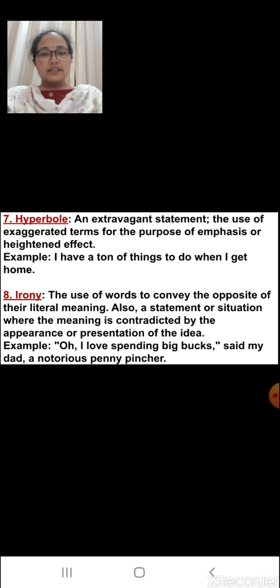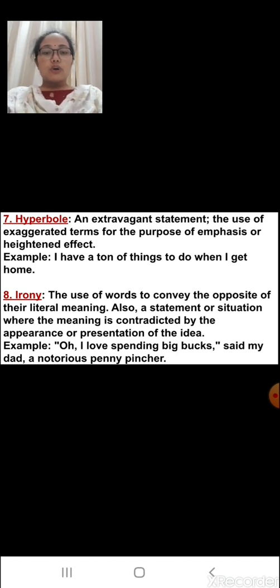The seventh one is hyperbole. Hyperbole is an extravagant statement, the use of exaggerated terms for the purpose of emphasis or heightened effect. For example, I have a ton of things to do when I get home. The eighth one is irony.